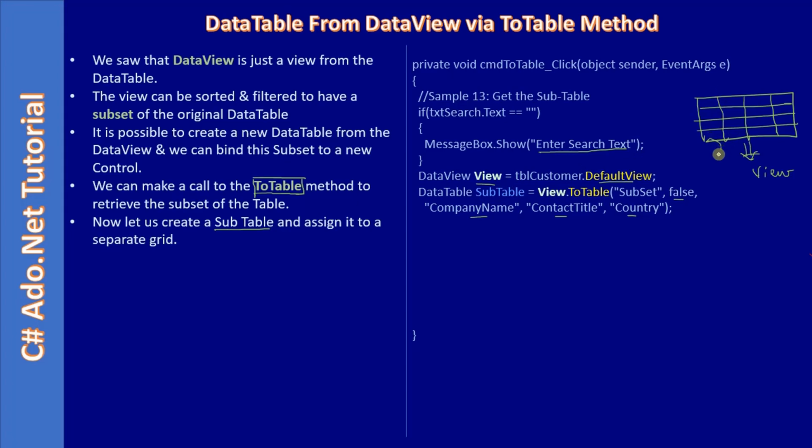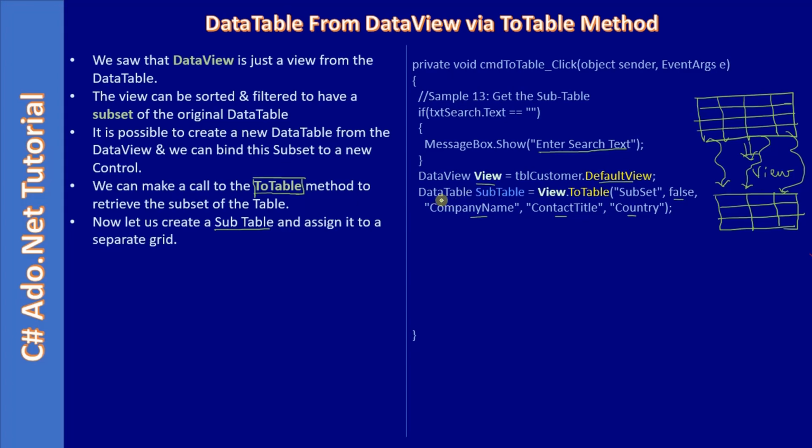Let's say that here we are picking column 1, column 2, and column 3, and the ToTable method will give us a new data table with only 3 columns. So here the view is ready, and from the view we are making use of ToTable, and we are getting the subtable, I mean one more data table. ToTable will give us the subset.